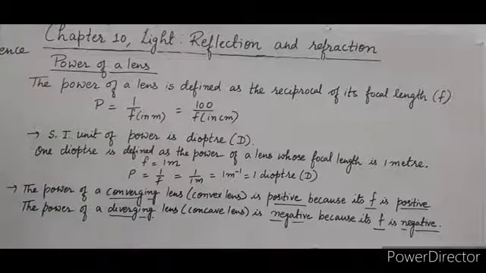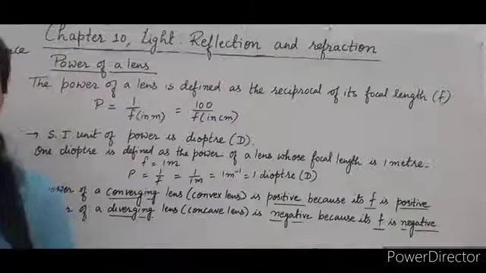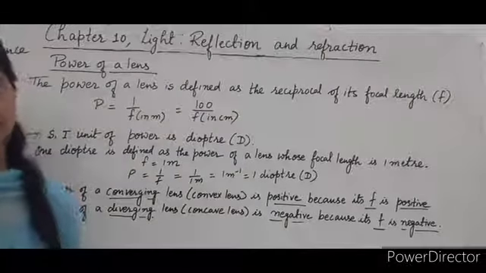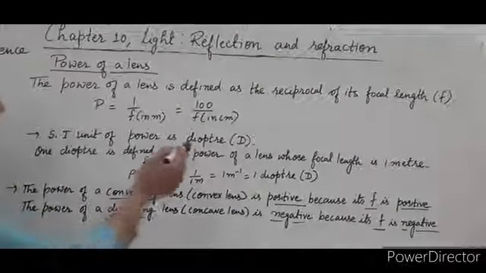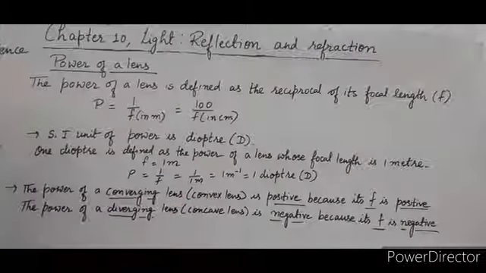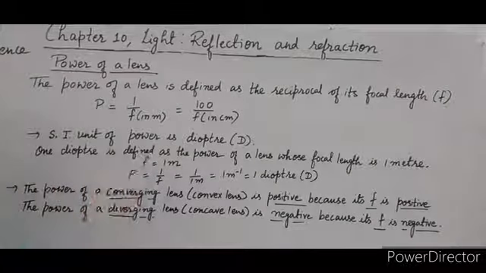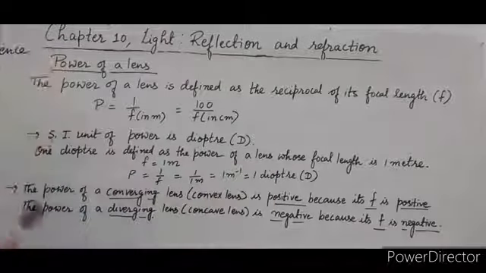The SI unit of power of a lens is the diopter, and it is represented by capital D. One diopter is defined as the power of a lens whose focal length is 1 meter.